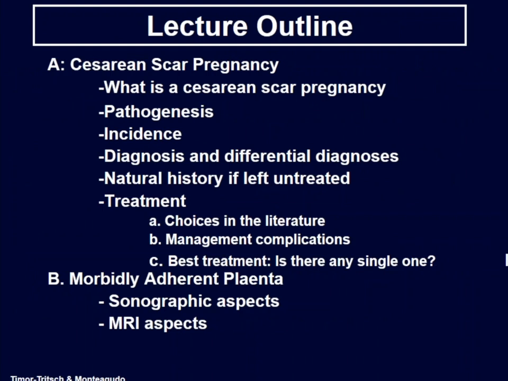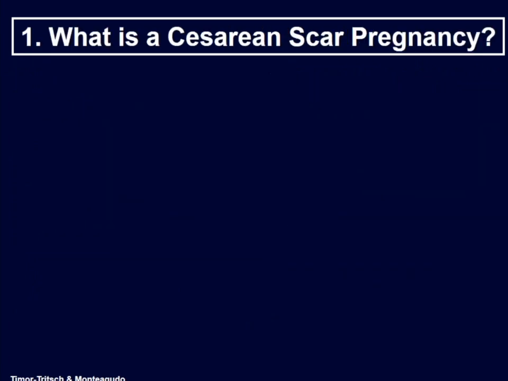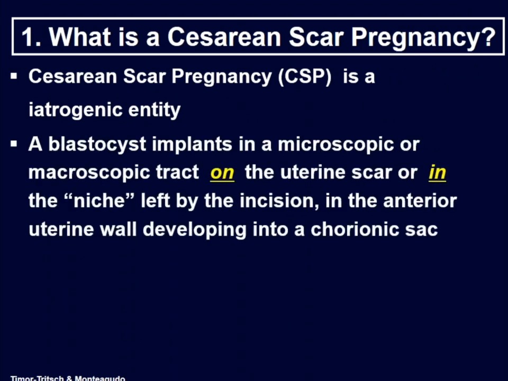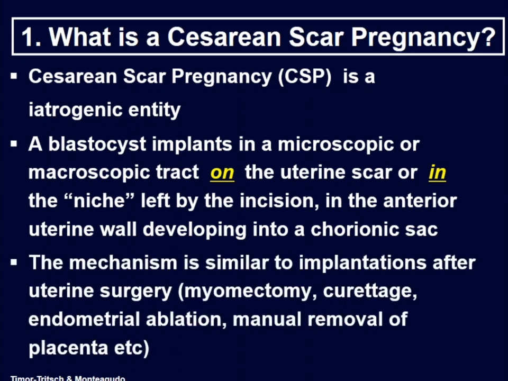Here is the lecture outline, which you can look at when you log in and listen to this lecture. I won't repeat them. But first, what is a cesarean scar pregnancy? It is an iatrogenic entity, when a blastocyst implants in a microscopic or macroscopic tract on the uterine scar or in the niche left by the incision in the anterior uterine wall, developing into a chorionic sac.